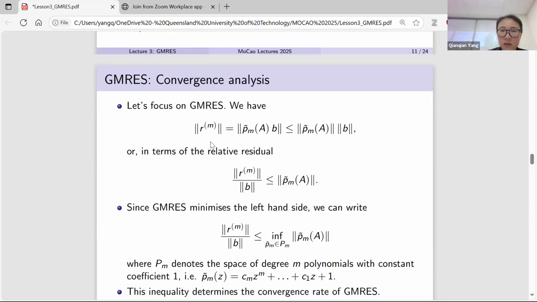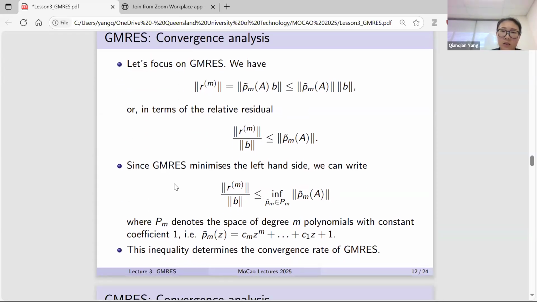To minimize this residual, we're really minimizing the norm of this Pm times B. And this norm is definitely less than or equal to the product of the norm of Pm(A) times the norm of B. Or you can divide the norm of B to the left-hand side. So this becomes the relative residual. The relative residual must be less than or equal to the norm of Pm(A), since GMRES minimizes the left-hand side.